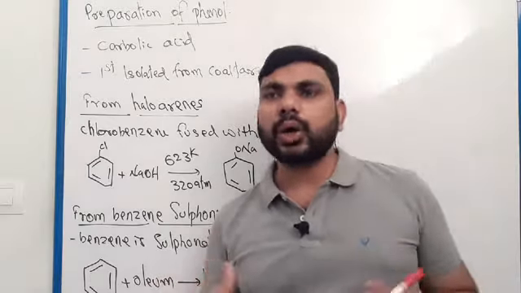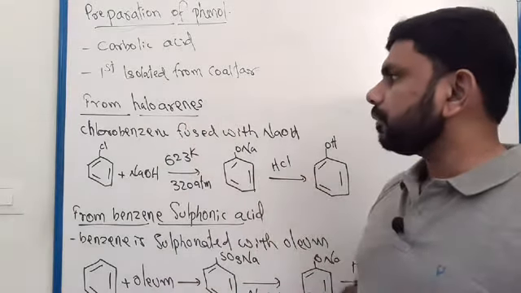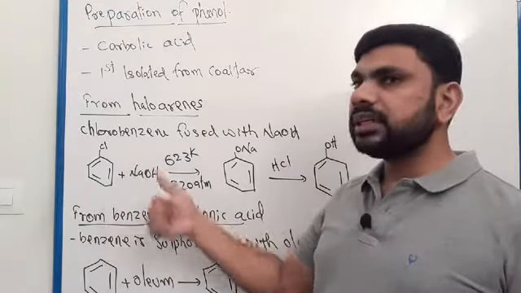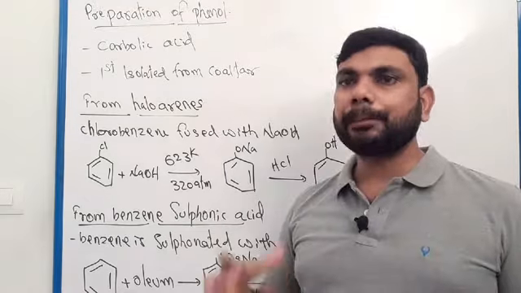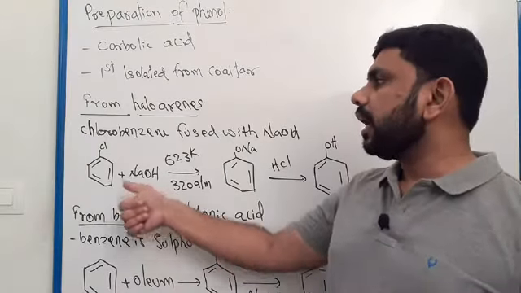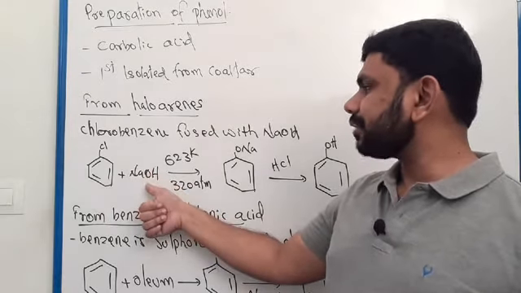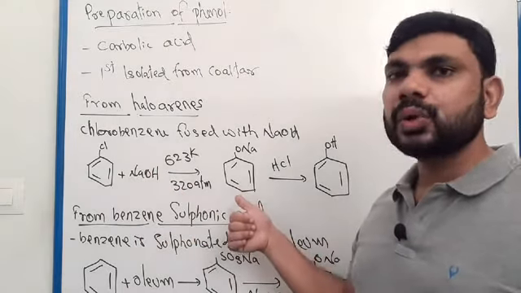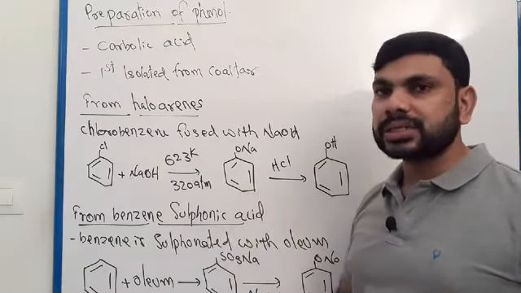We can change haloarene to phenol. Haloarene treated with fused or melted sodium hydroxide will change to sodium phenoxide.